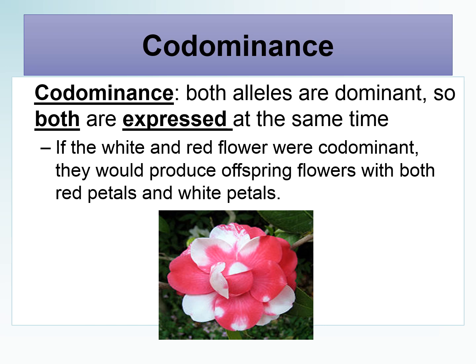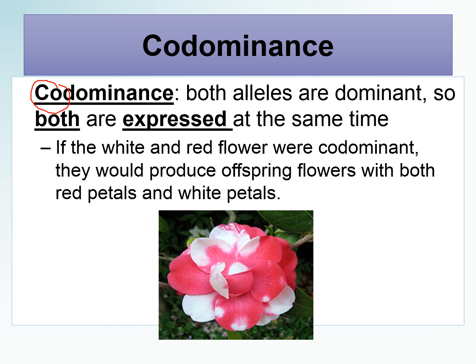The next complex pattern of inheritance is codominance. With codominance, both alleles are dominant, so both are expressed at the same time. Co means together.